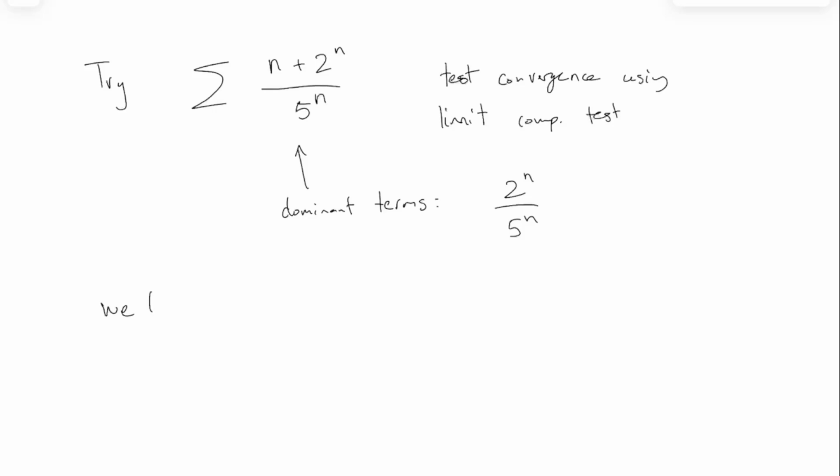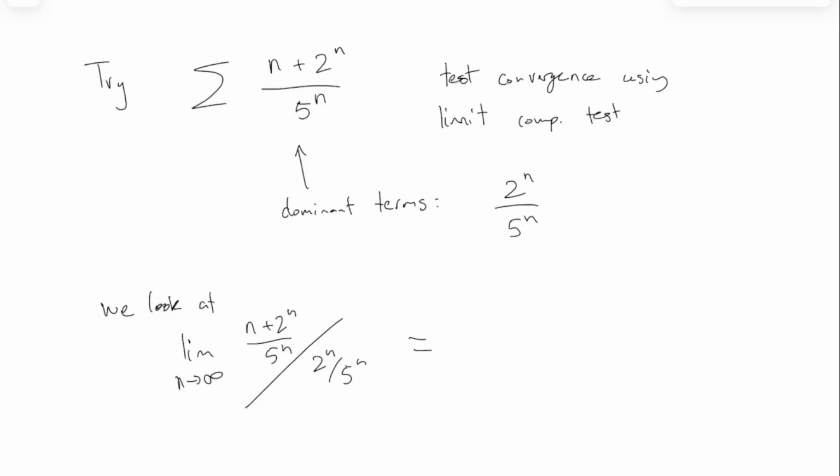We look at the limit as n goes to infinity of the ratio, n plus 2 to the n over 5 to the n, divided by 2 to the n over 5 to the n. What you're looking for is whether this limit exists and is positive, in which case the convergence of the two series is the same.